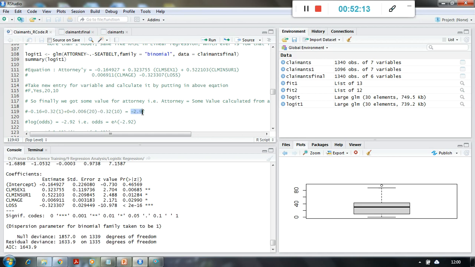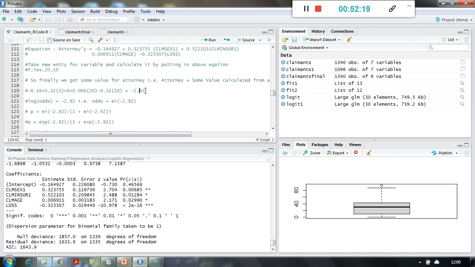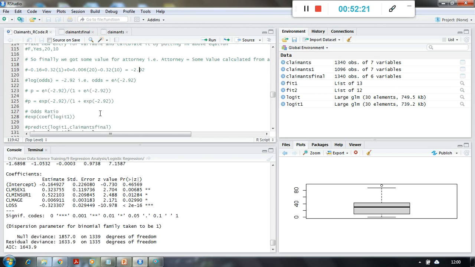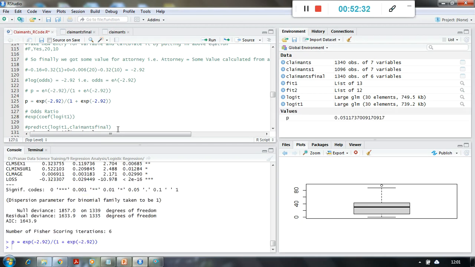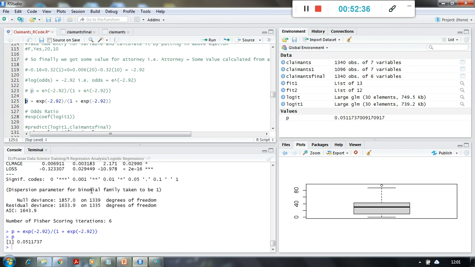Then I'm going to get this value, and this is going to be my y value. Now if I replace this y into our probability equation, which is this, then this is the probability we are getting. What is the value for P?